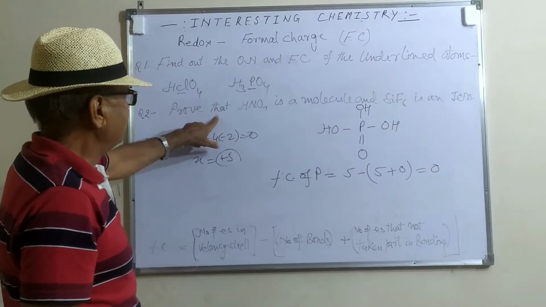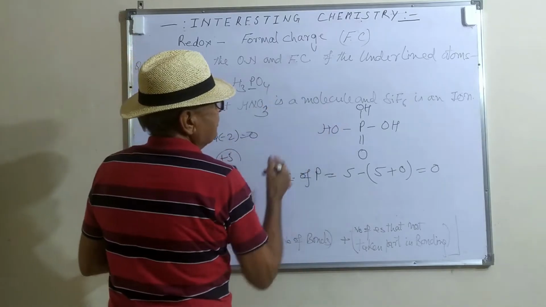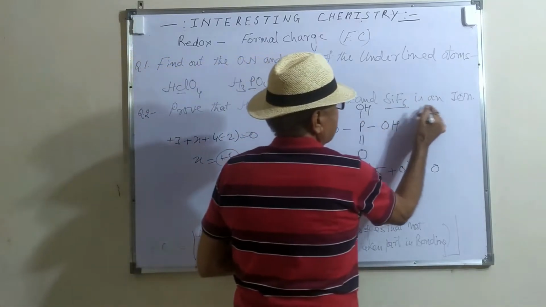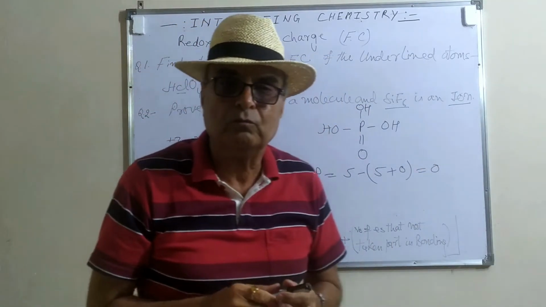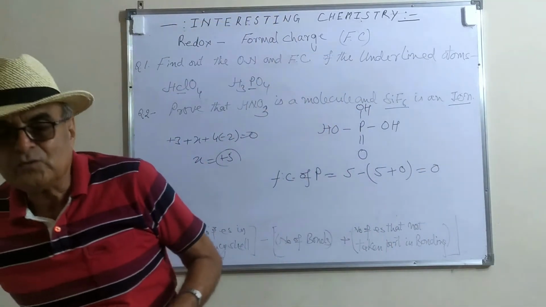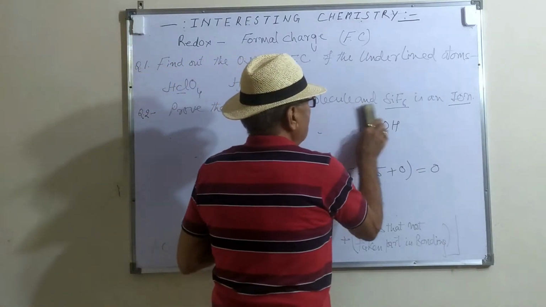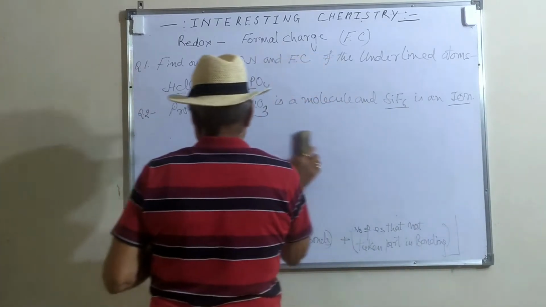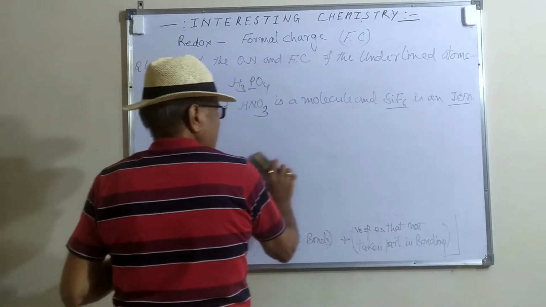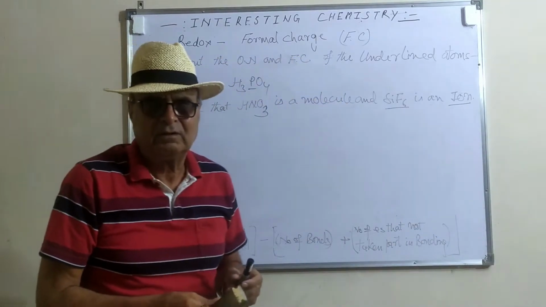Prove that HNO3 is a molecule and SiF6 is an ion. How will you prove that HNO3 is a molecule? You know a molecule is always neutral.